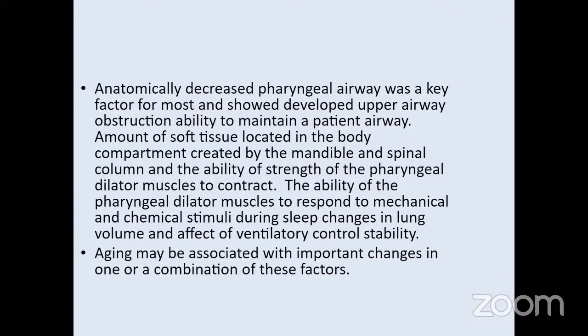Factors include the ability to maintain a patent airway, the amount of soft tissue located in the compartment created by the mandible and spinal column, the strength of the pharyngeal dilator muscles to contract, the ability of the pharyngeal dilator muscles to respond to mechanical and chemical stimuli during sleep, changes in lung volume, and the effect of ventilatory control stability. Aging may be associated with important changes in one or a combination of the above-mentioned factors.